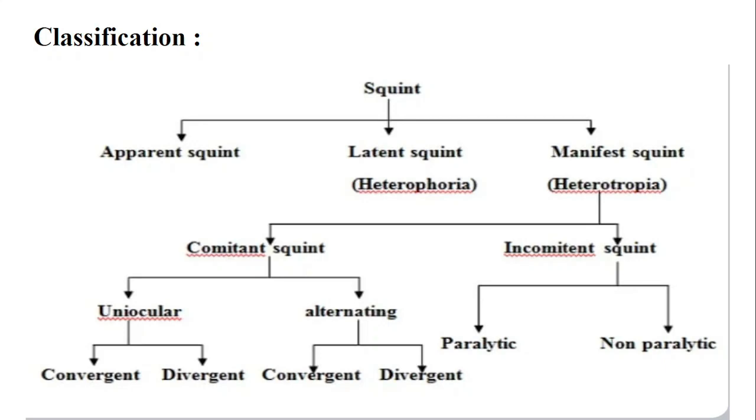Incomitant squint. An incomitant squint is a type of squint where the angle of deviation varies with the direction of gaze. Number 9. Divergent squint. A divergent squint is a type of squint where the eye deviates outward. Number 10. Convergent squint. A convergent squint is a type of squint where the eyes deviate inward.